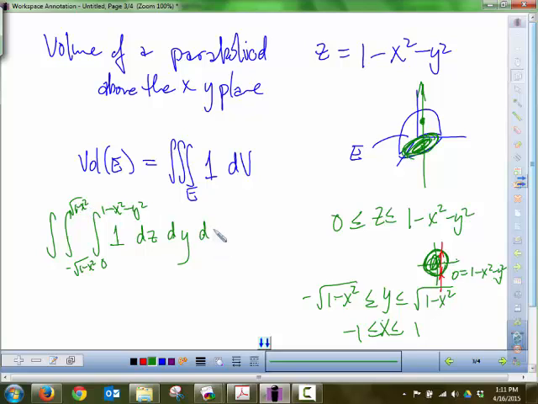And then I'll integrate with respect to x from minus 1 to 1. And we could probably use symmetry and all that stuff, and that might help a little bit. But we've seen problems like this before, at least with double integrals.